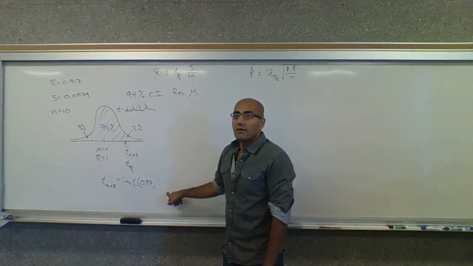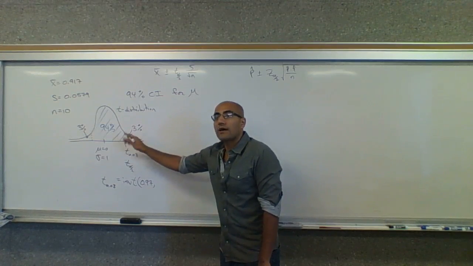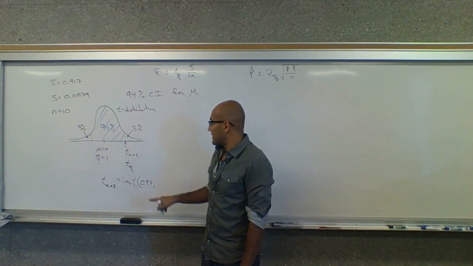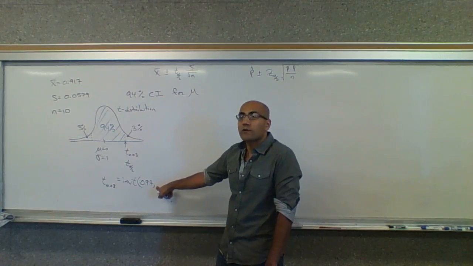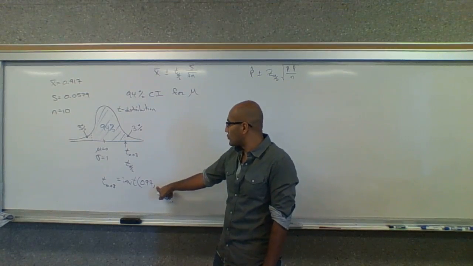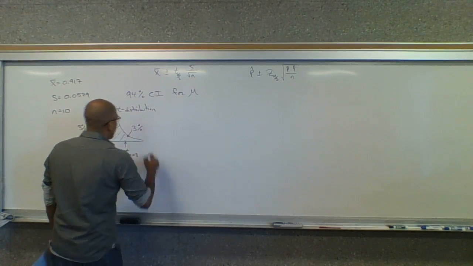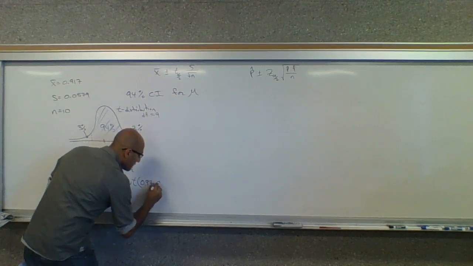They don't work with us centering it someplace else. This is why we have to go to the standard t distribution. It doesn't ask you for the mean and standard deviation because it only works with the standard t distribution. So all it asks for is the degrees of freedom. The degrees of freedom for this case was 9. So we punch in a 9 there, and then it'll give us the answer.